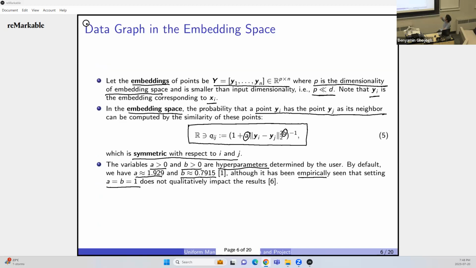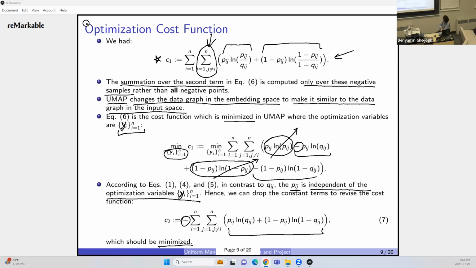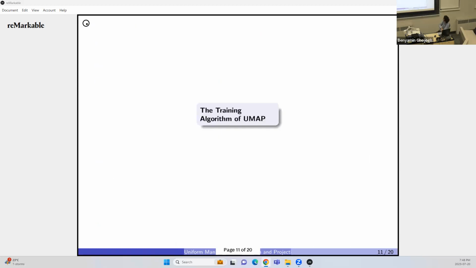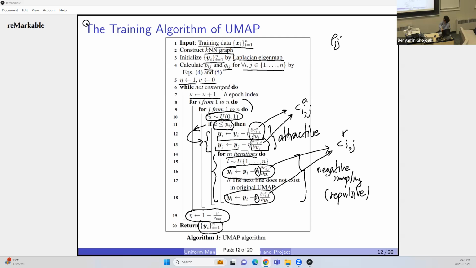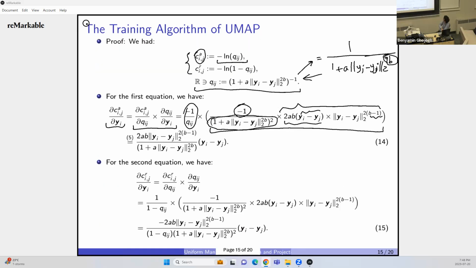This qij, the equation 5 was qij, so we had it. Sorry, I came back. Okay, so this is equation 5 that we had. Interestingly, I can write it in this way.